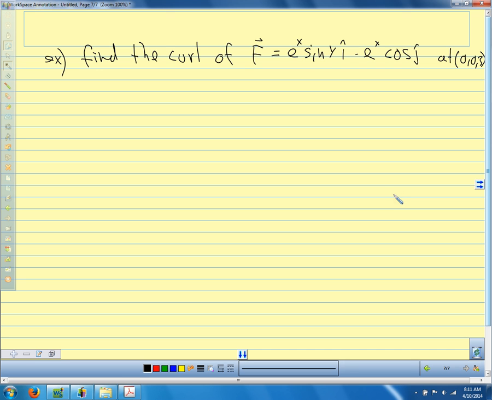What's that? Oh, cosine y. Those darn functions always have to put something in them. All right, so we're going to calculate the curl of this thing. So del cross f.